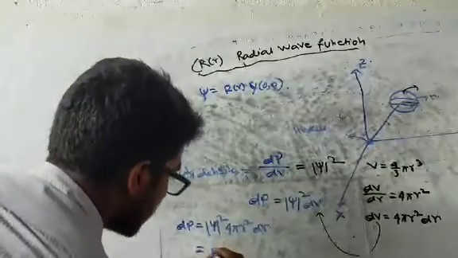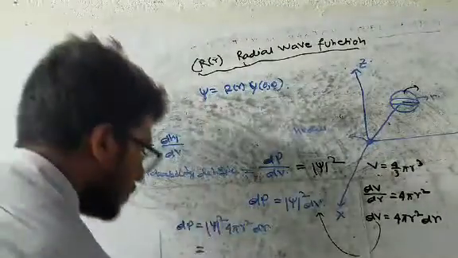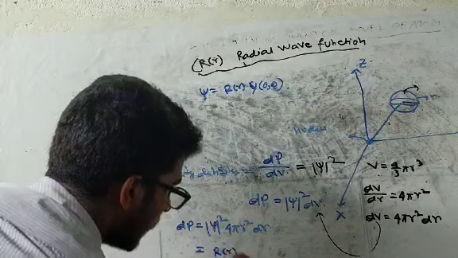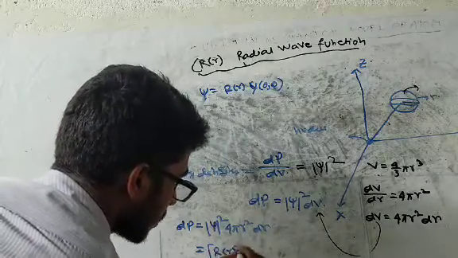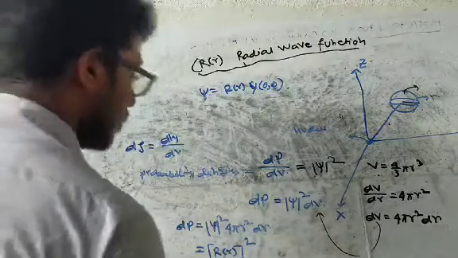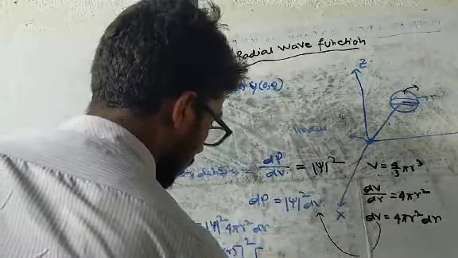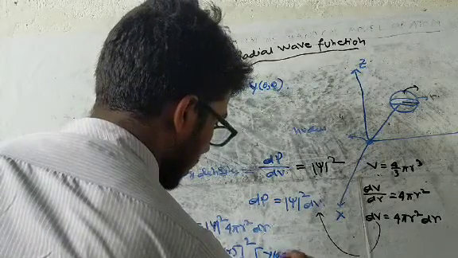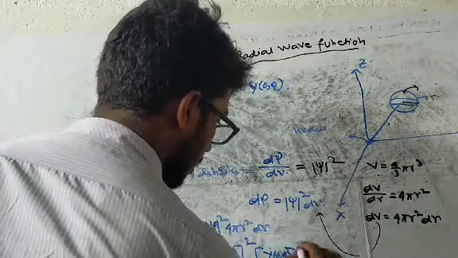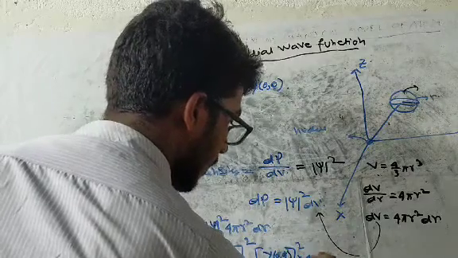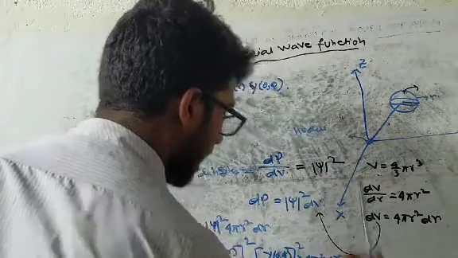If I replace this value, it should be R of r whole square into theta phi whole square into 4 pi r square dr.